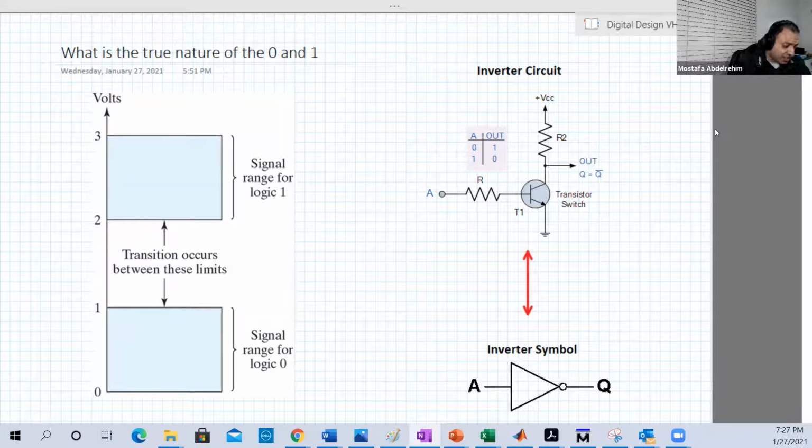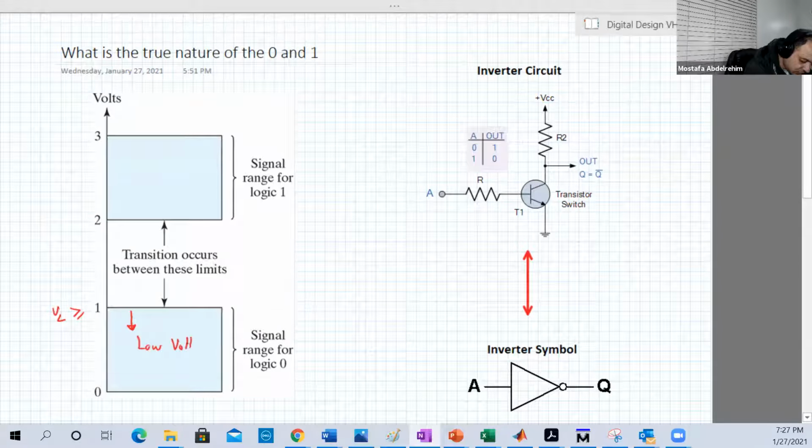So this is one example in the book, in Mano's book here, that you can represent all voltages less than or equal to 1, any voltage here less than or equal to 1, as low voltage, or 0. We will give a symbol for such case, which is 0.